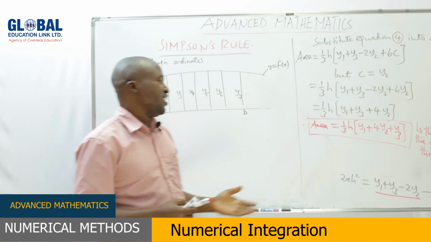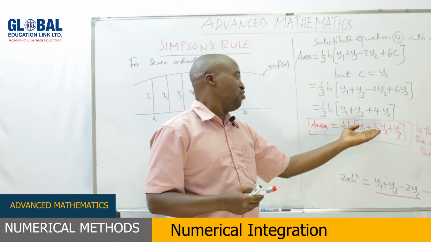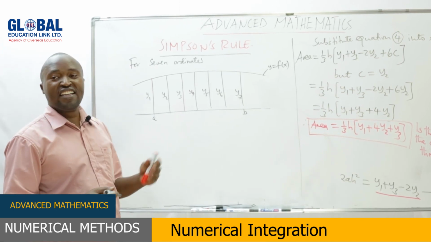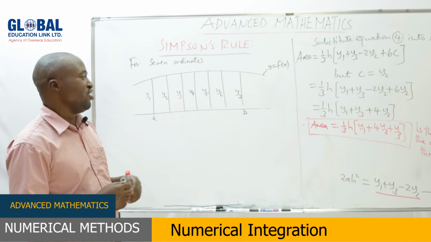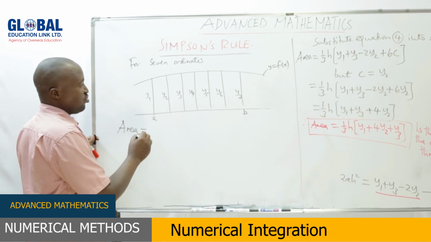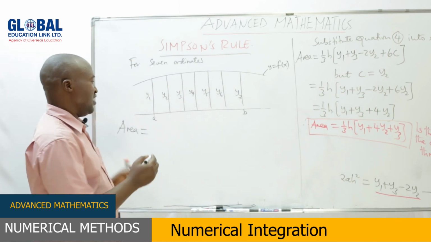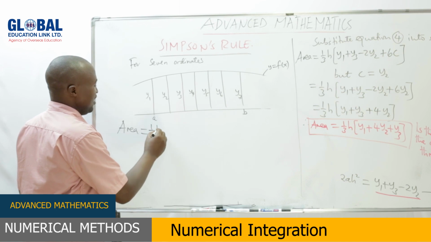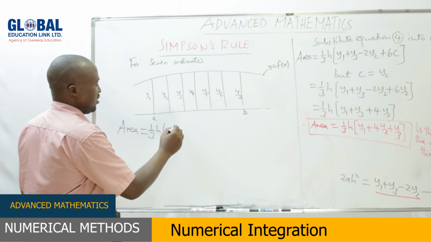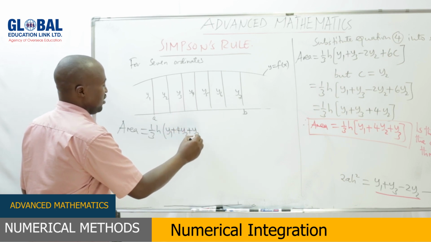For 3 ordinates, the area is equal to 1 over 3h, y1 plus 4y2 plus y3. So the area under the curve for 7 ordinates: our starting point is the 3 ordinates, that is 1 over 3h, y1 plus 4y2 plus y3.